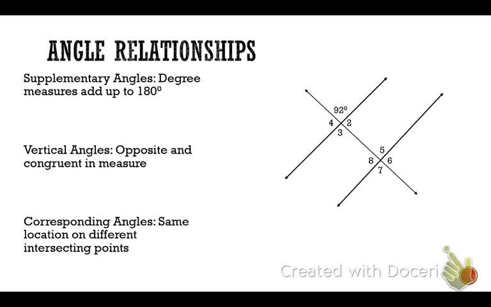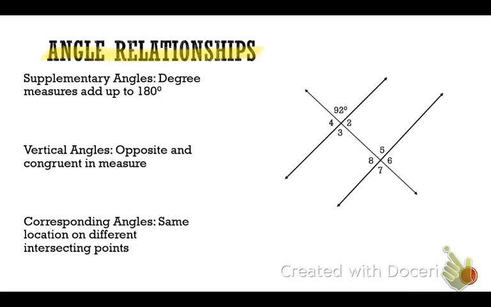Okay, so we're going to spend quite a bit of time on this next slide. Angle relationships are really important, because without angle relationships, we would have to get out a protractor and physically measure each one of these angles.